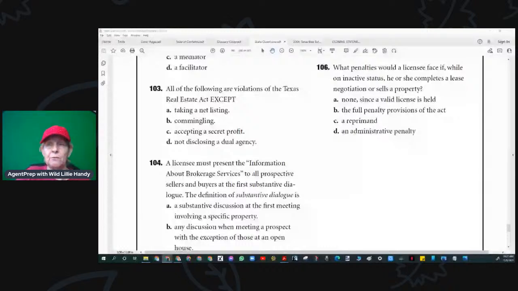Which one is not a violation of the Texas Real Estate Act? Taking a net listing, commingling, accepting a secret profit, or not disclosing a dual agency. And Deborah is correct. It is 103A.